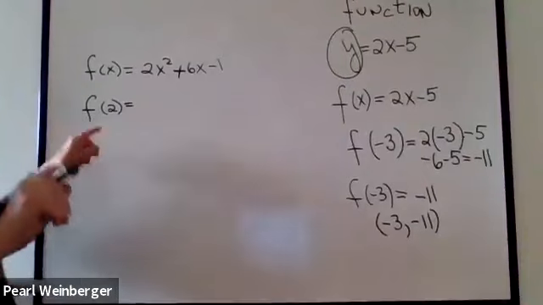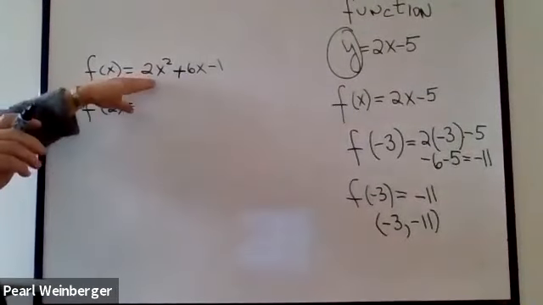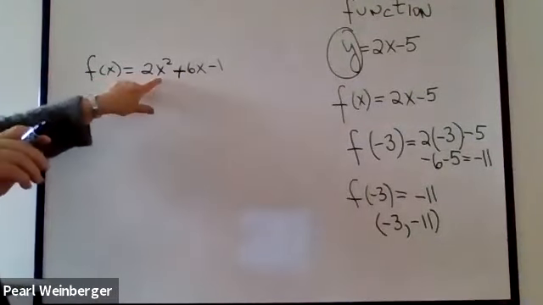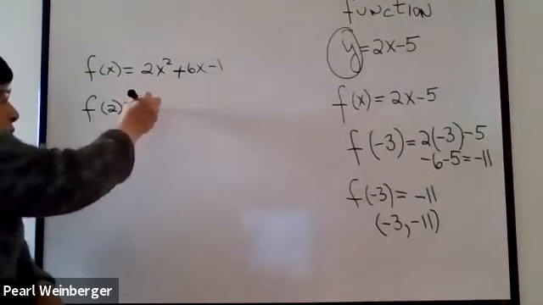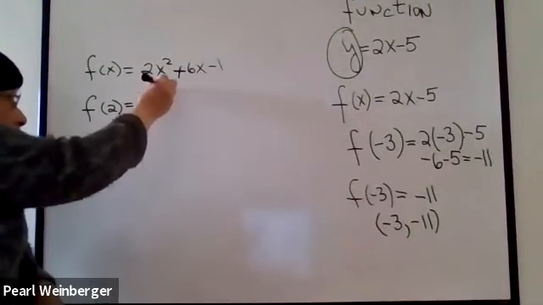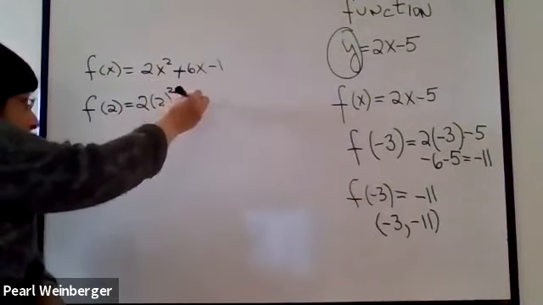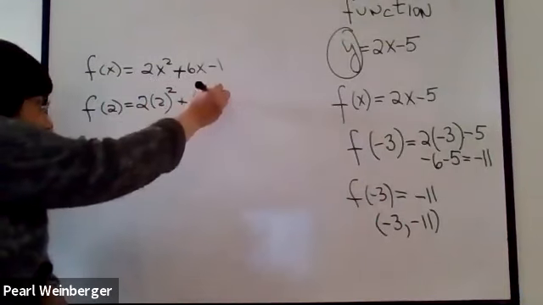We're going to replace in my original equation, wherever I see an x, I'm going to replace it with a 2. So it's going to be 2 times 2 squared, plus 6 times 2 minus 1.